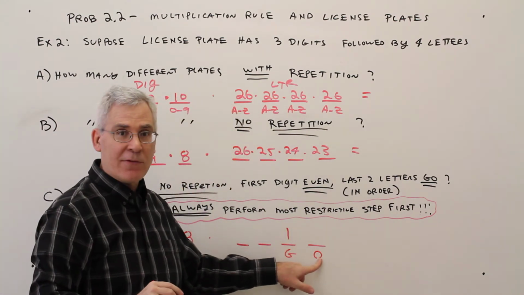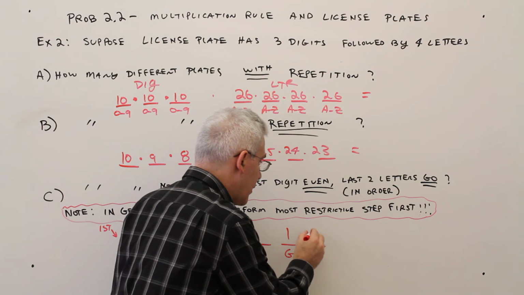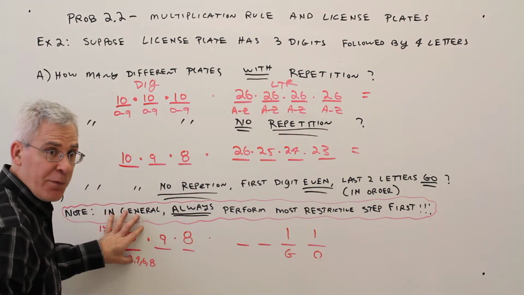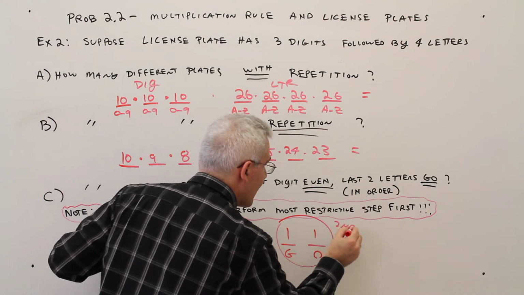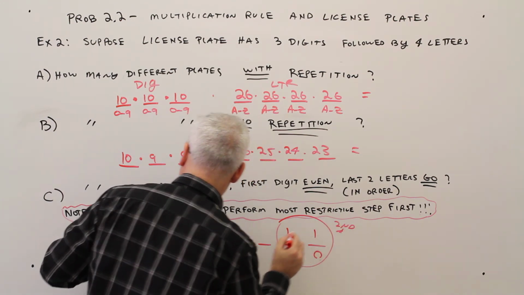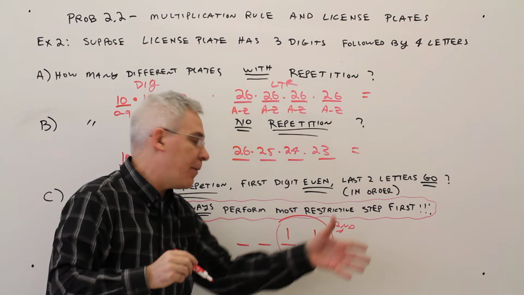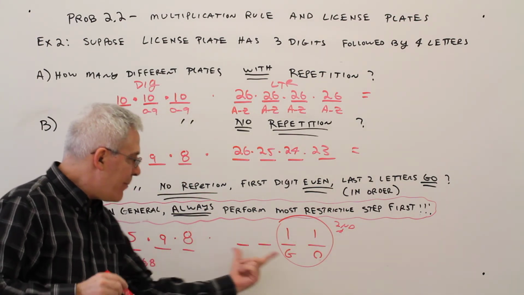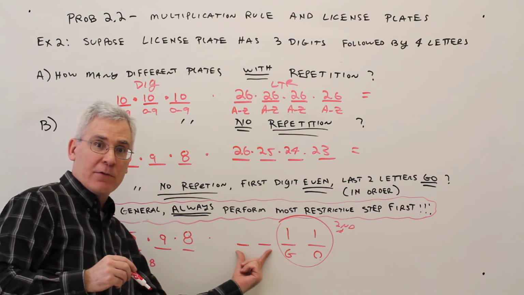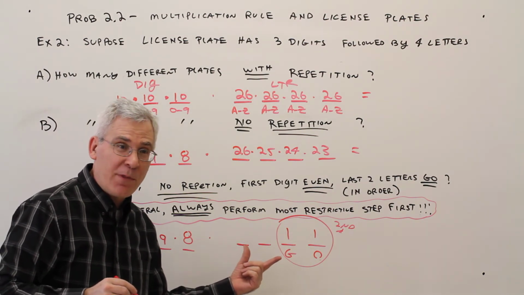How many ways to do that step? 1. So notice I did this first, then I did these digits, and then I did that first on the letter side, if you will. Then I'm going to go back and do these earlier letters. So again, don't always go from left to right.